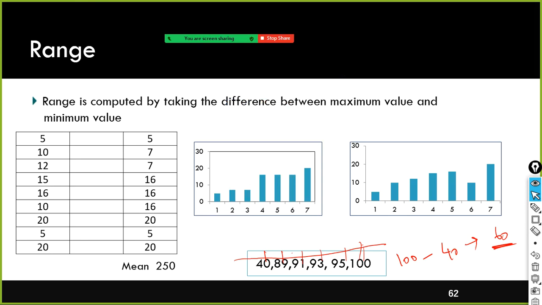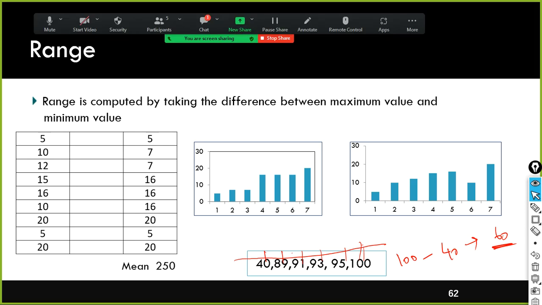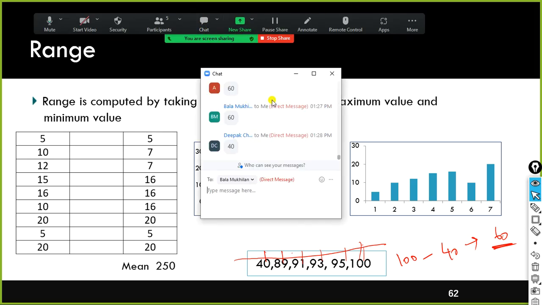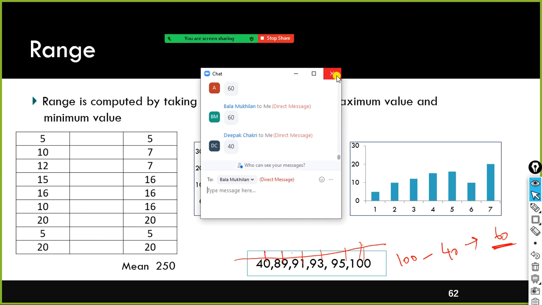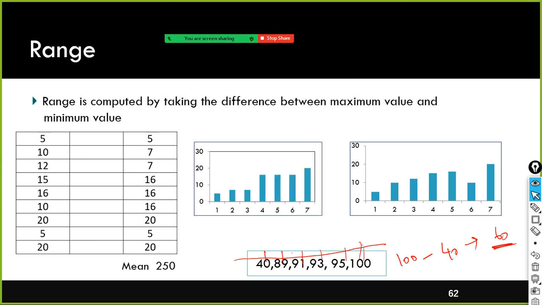It is skewed data. Do we have any outlier here? Yes, 40 is the outlier, very good, because almost all the values are close to each other except 40. 40 is too far from all the other values.